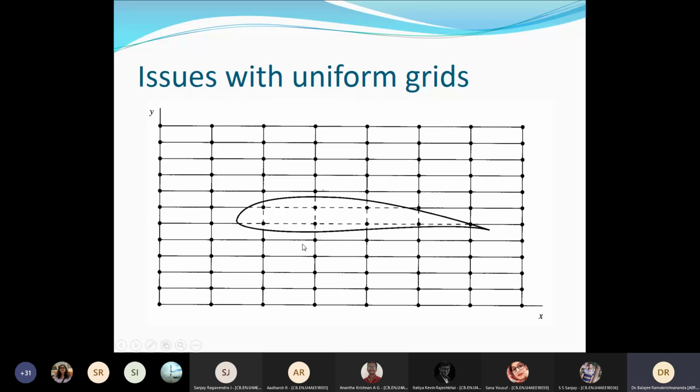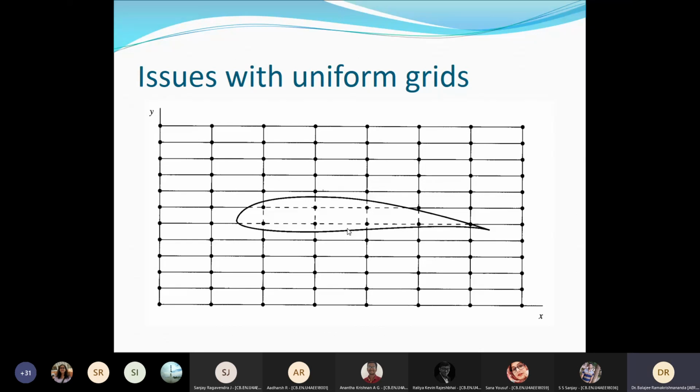So if you apply the boundary condition on these points inside the airfoil, you will be probably solving a flow over some kind of quadrilateral solid instead of an airfoil, which will give you very wrong results. The error will be unacceptable in this case.